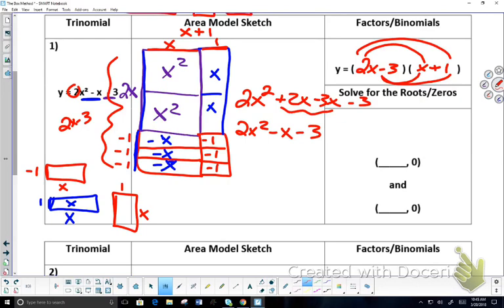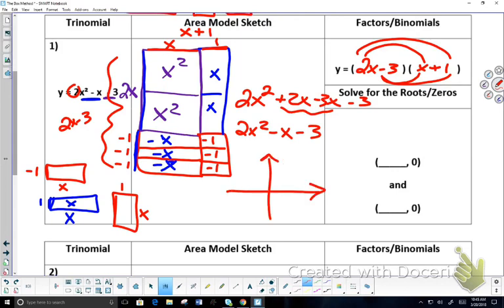The only real new thing is I want to actually solve this. If I want to solve it, I'm looking for solutions, correct? What are solutions? Zeros, x-intercepts. So I want to find where this graph crosses the x-axis. I'm looking for the two places where it crosses. This would be what the graph looks like.